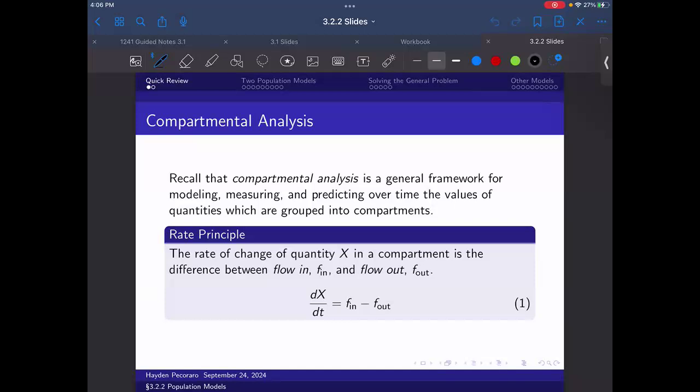So we originally used that for mixing problems, and we used this rate principle. The rate of change of a quantity in a compartment is the difference between the flow in and the flow out. How much stuff you got coming in, how much stuff you got going out. So this is our general model for anything that has to do with compartmental analysis. You can modify it slightly, but we're not doing that in this class.